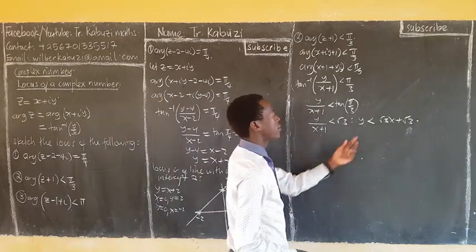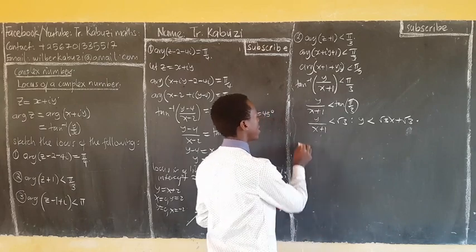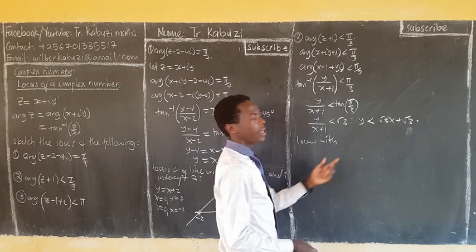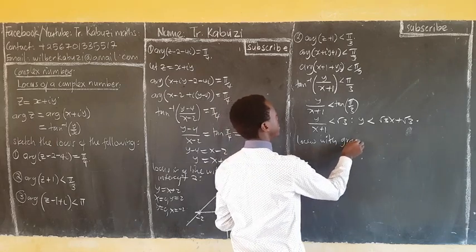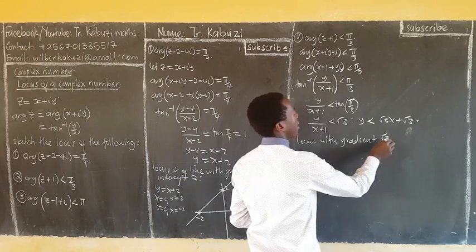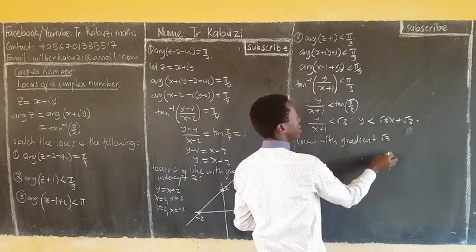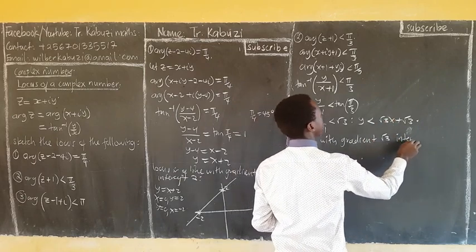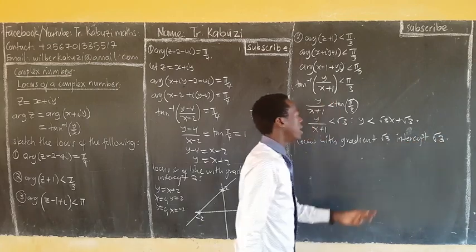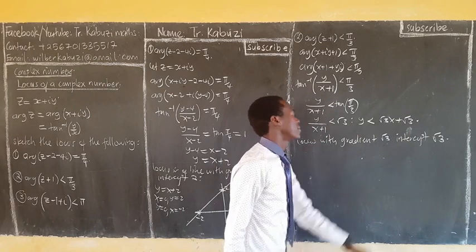To describe this, we say it's a locus, a line with gradient root 3, this is the gradient, and the intercept is root 3 also.